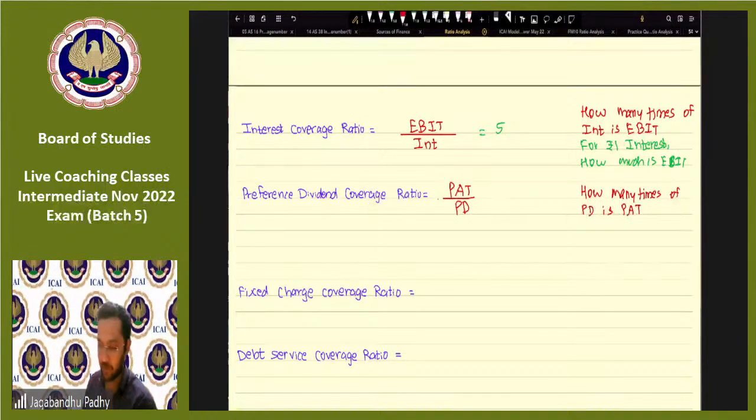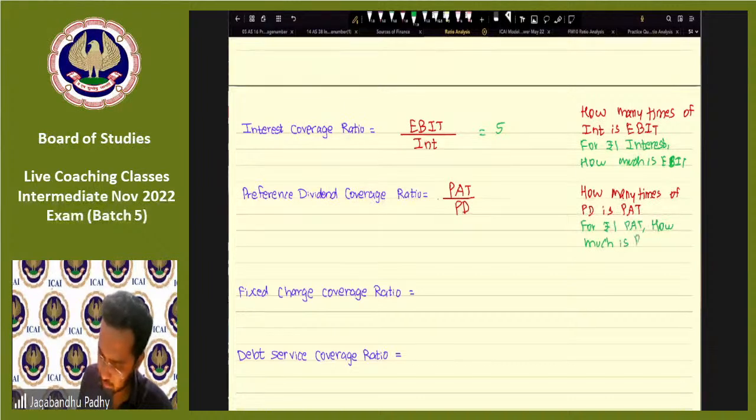Or it tells you, for 1 rupee of preference dividend, how much is profit after tax?